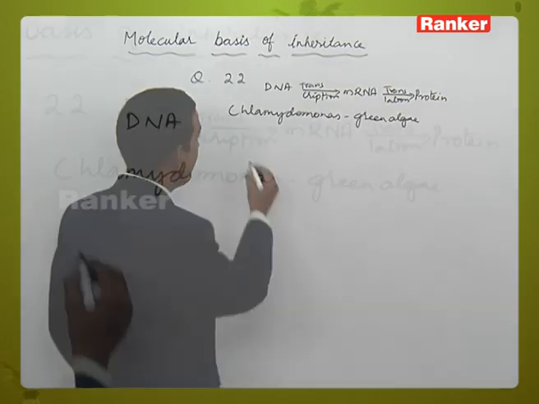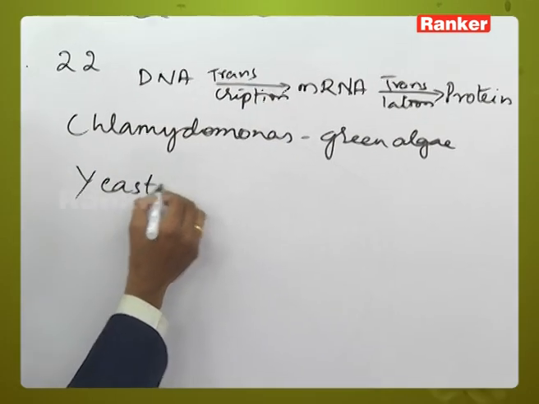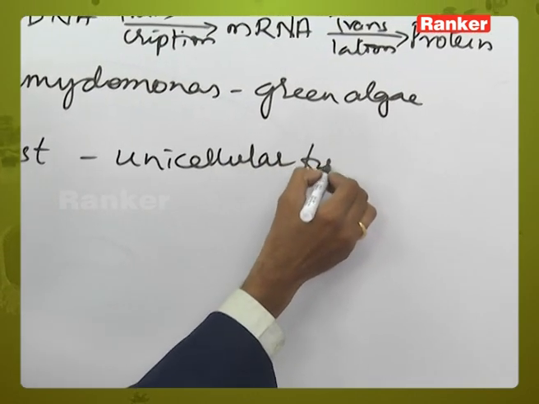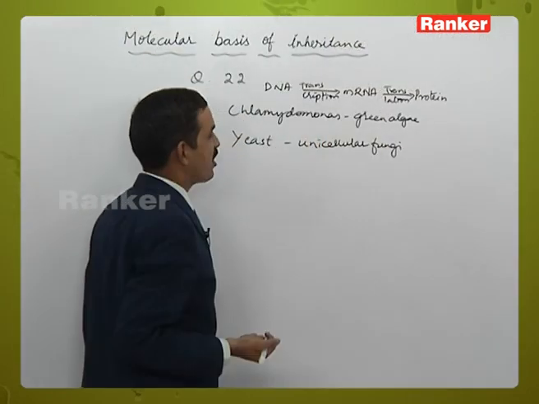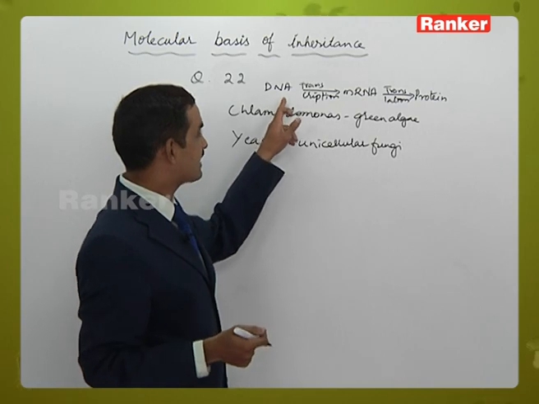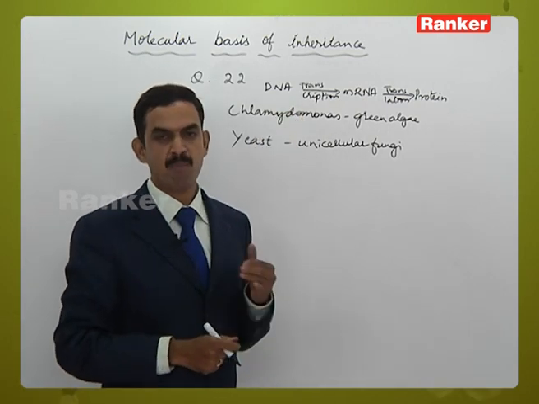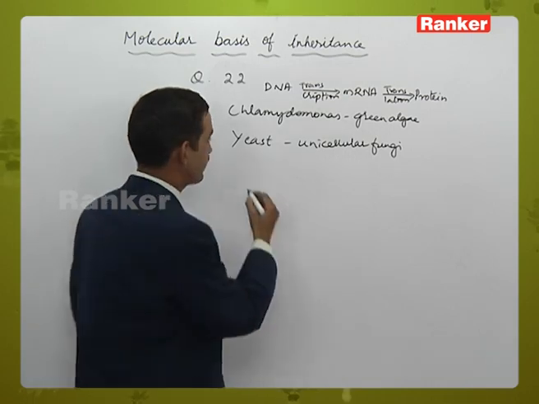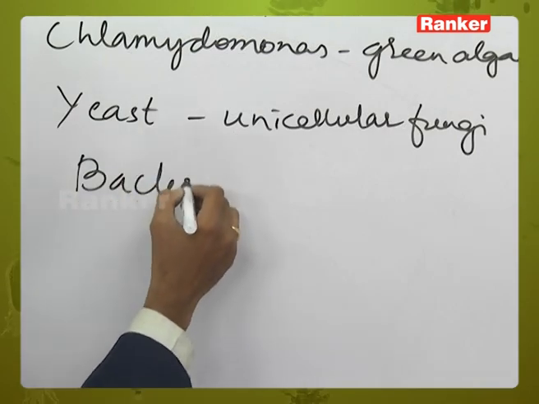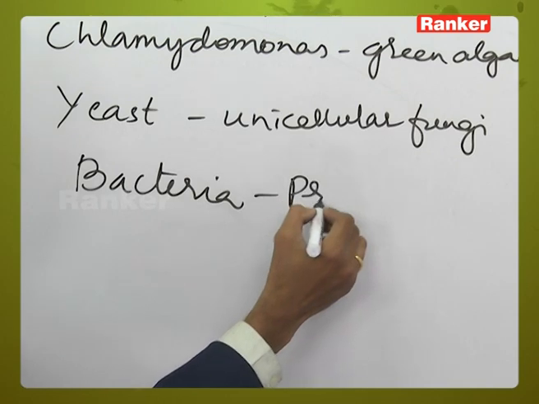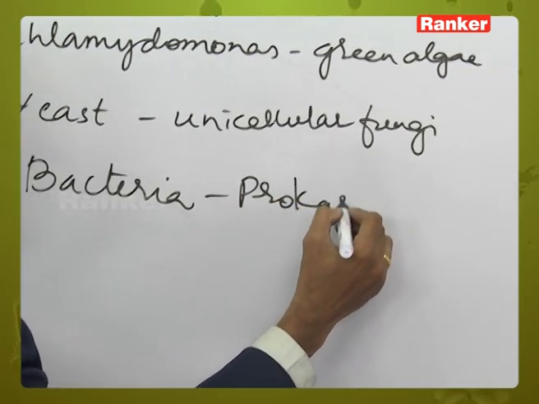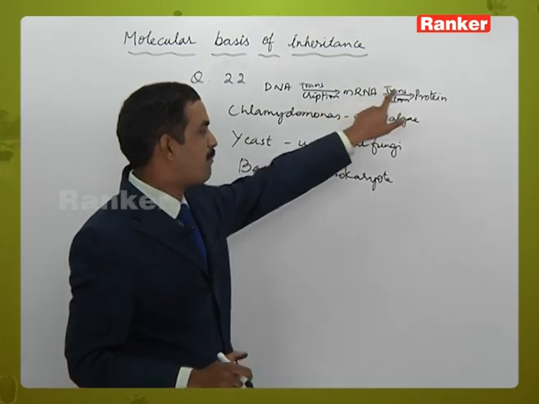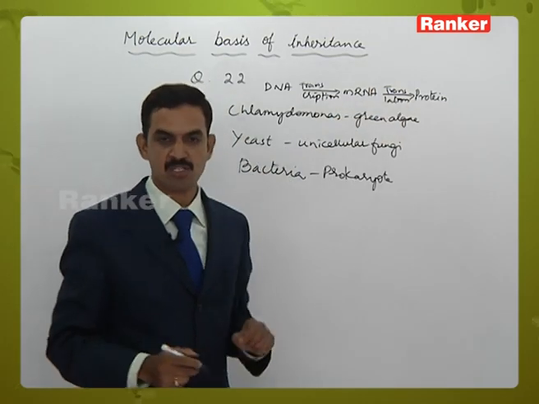So that is correct. Coming to the yeast, yeast is a unicellular fungus. This is also eukaryotic, and in this also the same process, that is DNA to mRNA by transcription, mRNA to protein by translation is taking place. And of course bacteria is a prokaryote. This also shows the same character despite the prokaryotic nature, DNA to mRNA, mRNA to protein by transcription and translation.